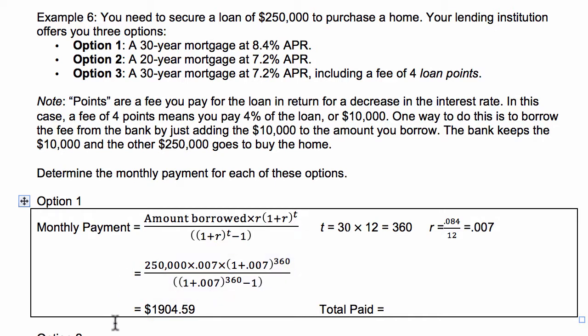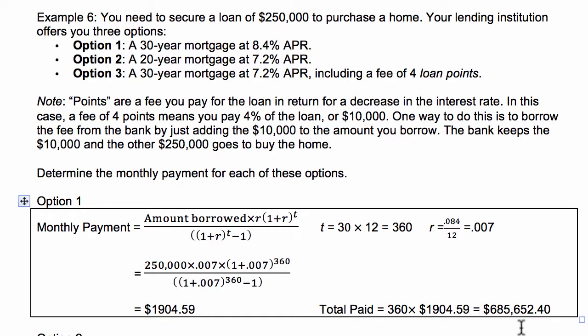The monthly payment for option 1 was found to be $1,904.59. Since we pay this amount every month for 360 months, that means the total paid is 360 times $1,904.59, which equals $685,652.40.